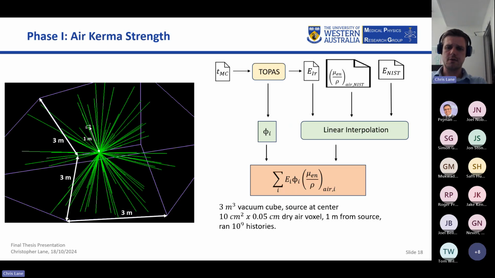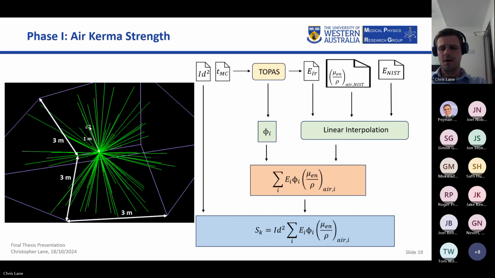I then combined that as a sum with the mass attenuation and the energy range. Then this needs to be scaled by the average number of photons emitted, the photon intensity, which is on the order of about 2.003. And then, in order to scale this, it also needs to be multiplied by 1 meter, which is just 1 in this case, to get the Kerma strength.